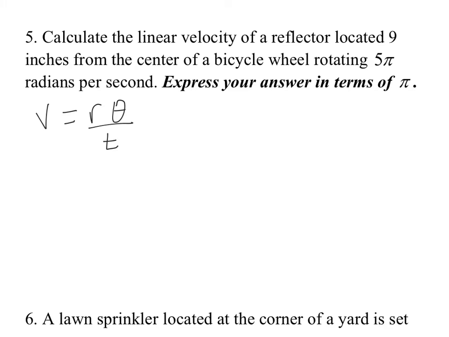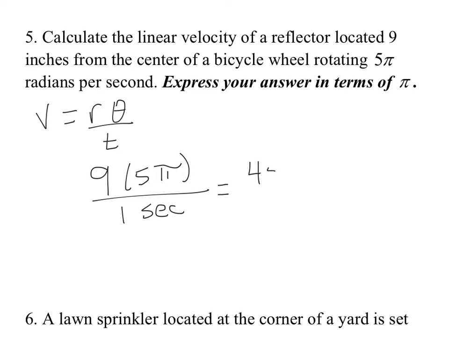So my radius is 9. My angle measurement is 5 pi. So 9 times 5 pi. And the time is 1 second. So it's per second. So since I am not going to multiply times pi, all I'm going to multiply is the 9 times the 5. And 9 times 5 is 45. We're going to leave the pi in there as part of our answer.